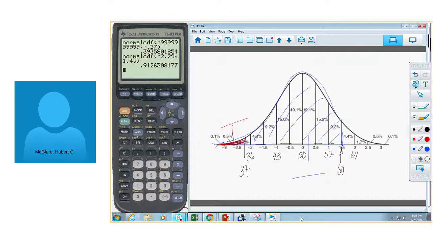So the blue area, if you look it up in the table, you're going to look up a z-score. What did y'all have? Negative 2 point what? 2.29. And I'm just going to do it on the calculator.